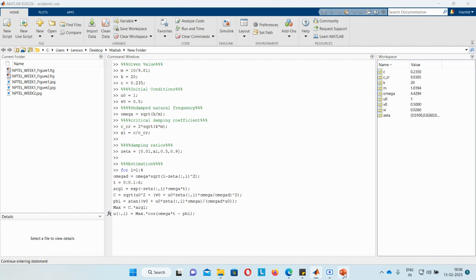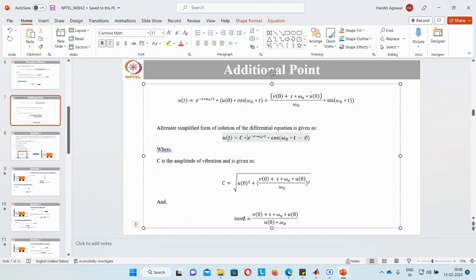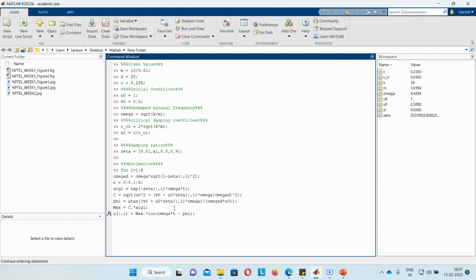So this was the relationship that we had: u of t is equal to c into e to the power minus epsilon omega n t times cos of omega d t minus phi. And now we have defined everything, so we can end the for loop.